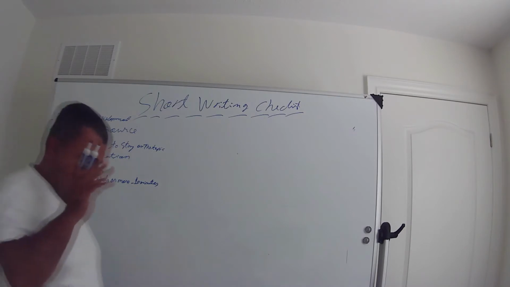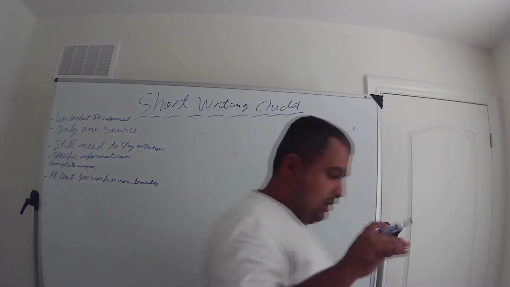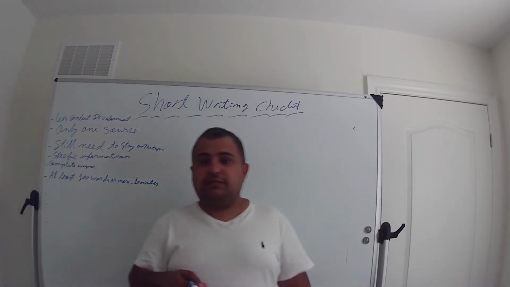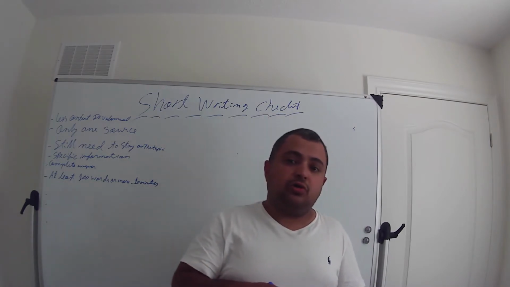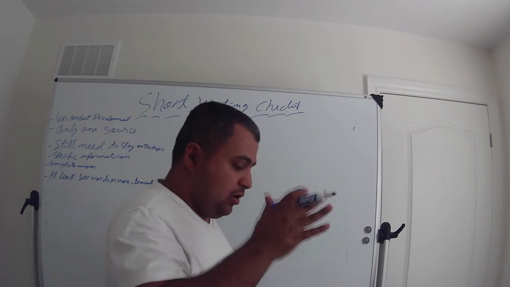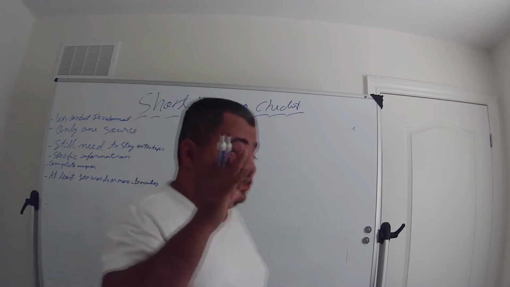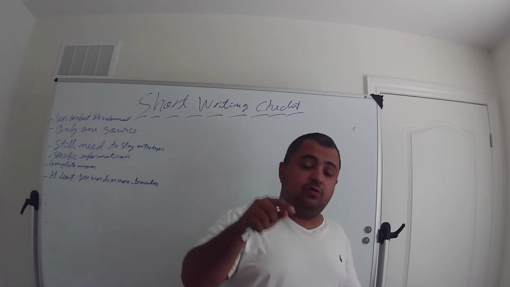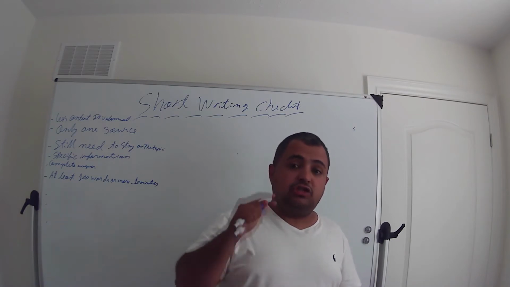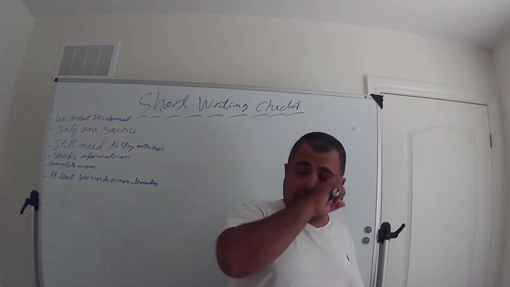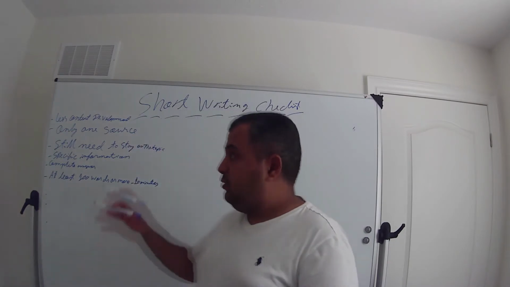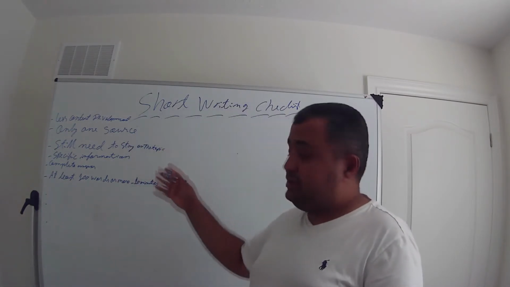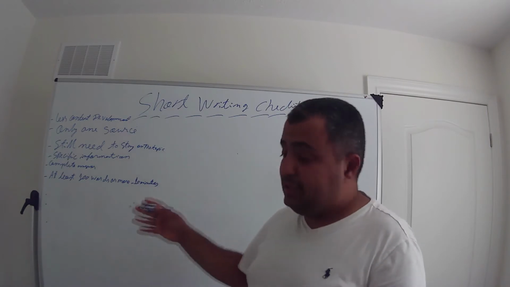As I showed you on the long writing checklist, here you will see the short writing checklist. As shown on the checklist, most of the points are already being discussed in the main points that I learned.